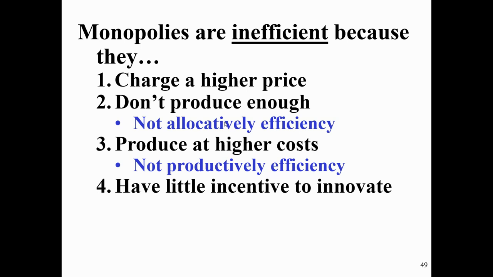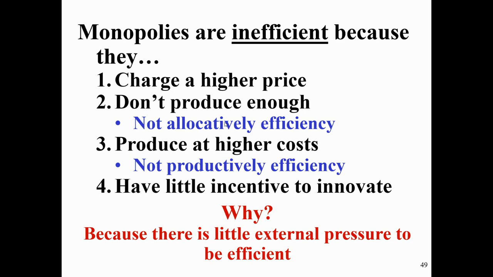And they have little incentive to innovate. Why? Think about why they don't have incentives to innovate. Guys, there is basically no external pressure to be efficient. They're the only firm in the market. Why do they have to be efficient? People will still buy them, right?